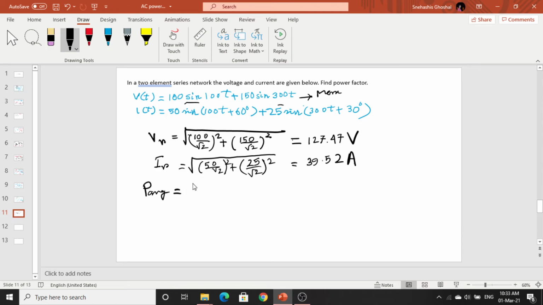that is what? Vrms, Irms. So P average value will be, from the waveforms itself, it will be V1m by root 2 into I1m by root 2 into cos of power factor angle of this fundamental component, plus RMS value of this voltage multiplied by RMS value of this current into cosine of phase difference between these two harmonic components.